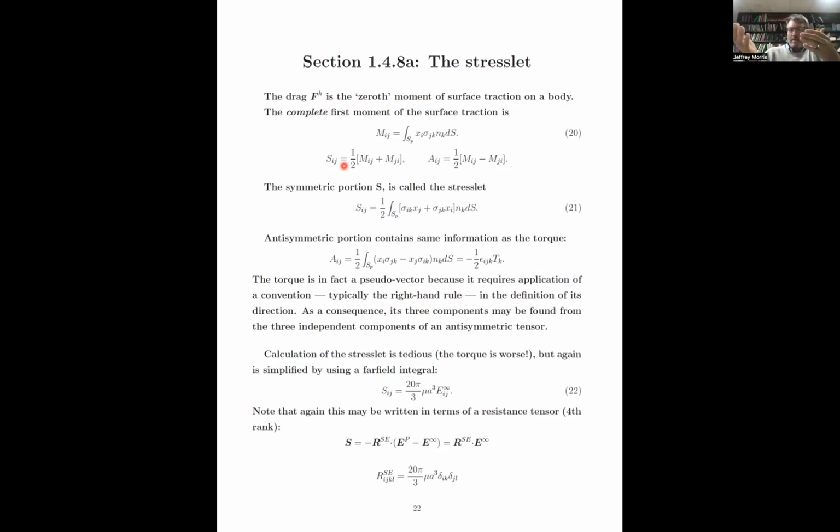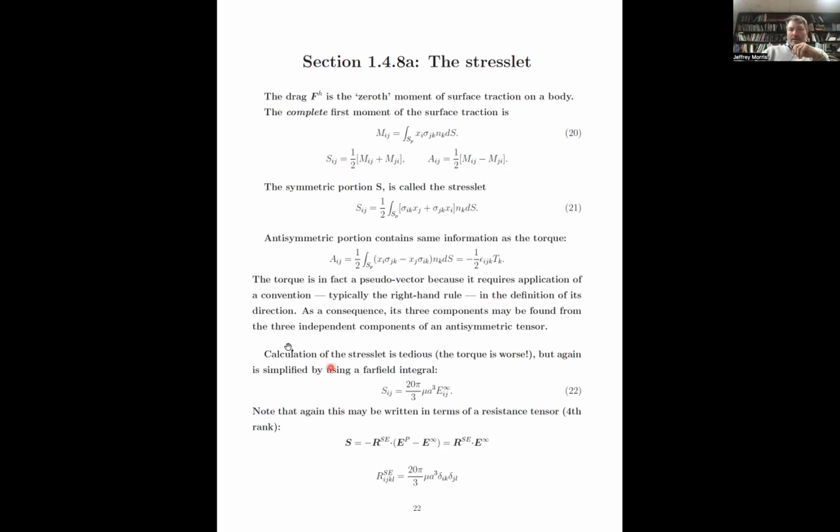That's the torque that enters there. However, the stresslet is a crucial object because it's telling the influence of the surface tractions on the motion that I'm trying to impose. So I'm trying to impose a straining flow. The surface is resisting this, and this is telling me by how much it is resisting that. Okay, so that's the basic idea of the stresslet.